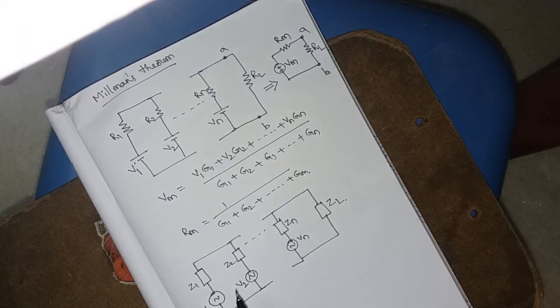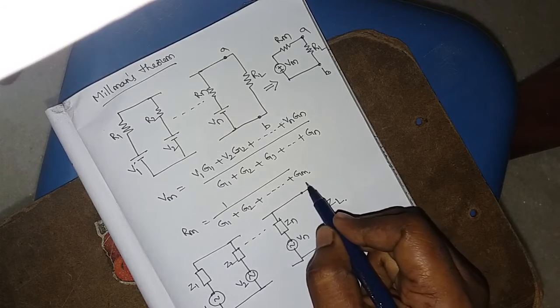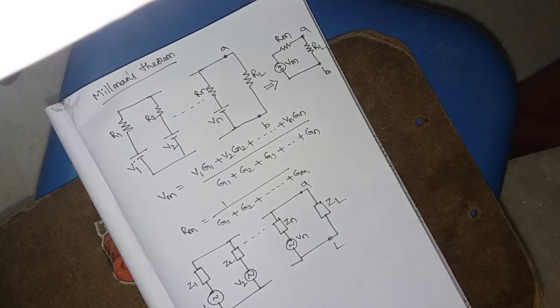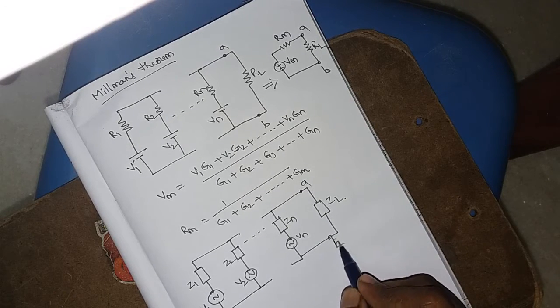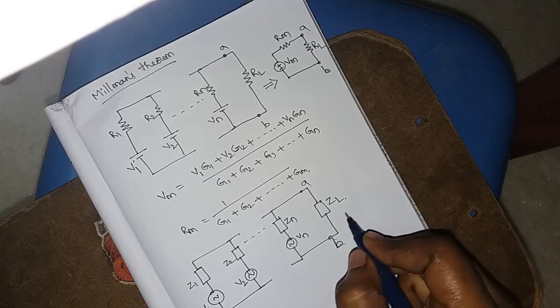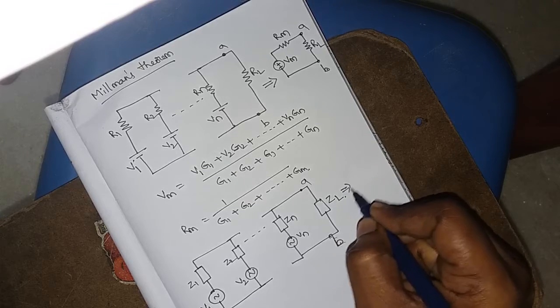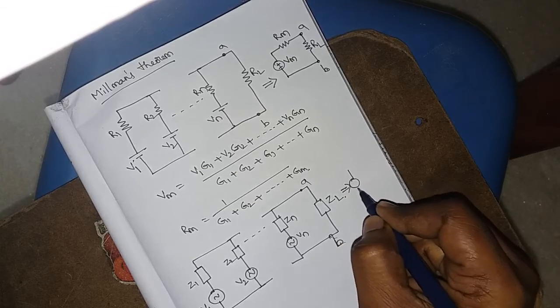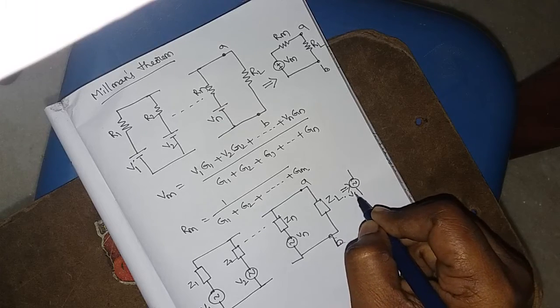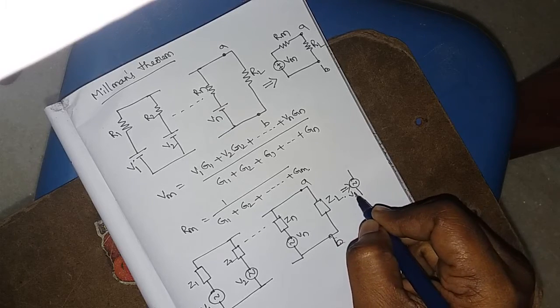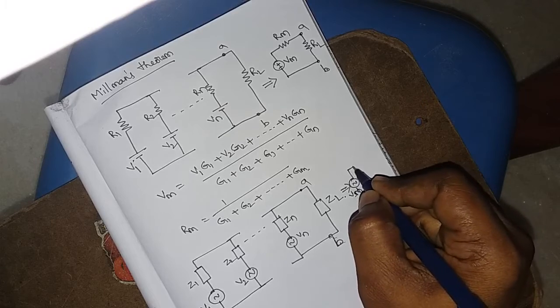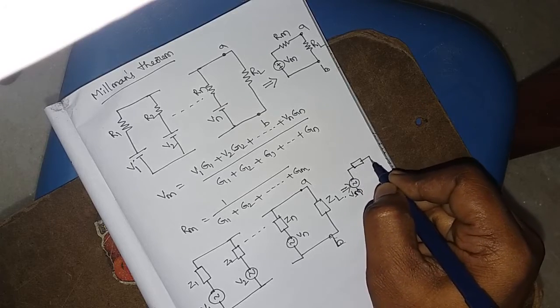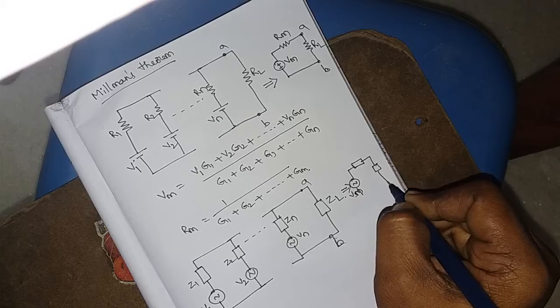Several voltage sources with their internal impedances are connected in parallel across the load impedance ZL. This can be replaced by a single voltage source Vm in series with a single impedance across the load impedance.